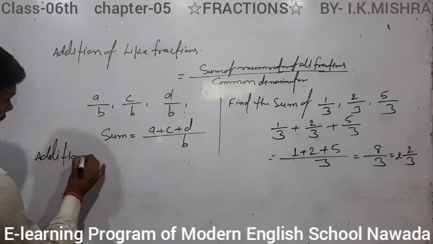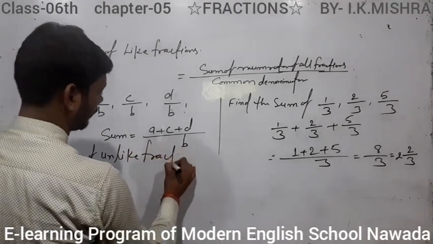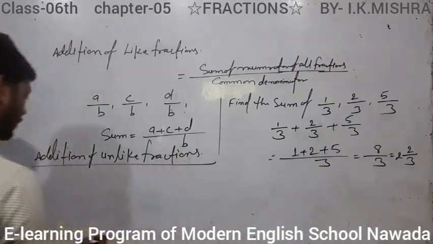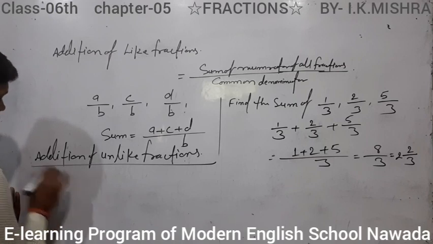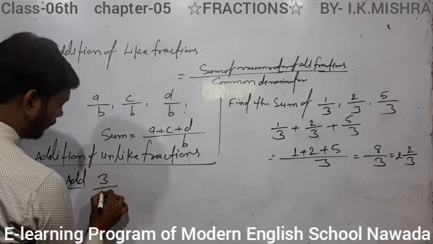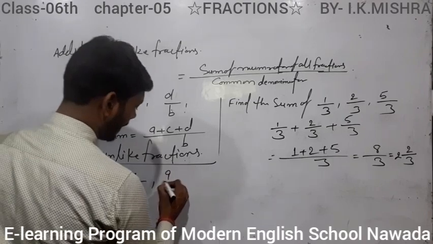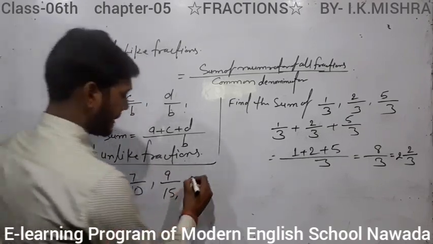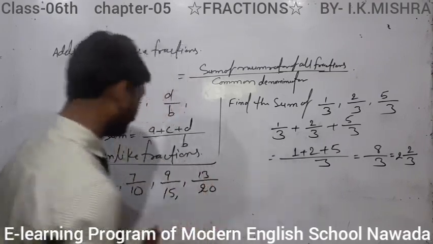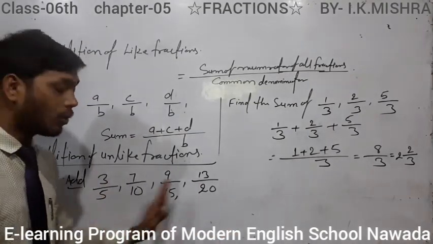Addition of unlike fractions: suppose we have to add 3 upon 5, 7 upon 10, 9 upon 15, 13 upon 20. All of these are unlike fractions and you have to add them.